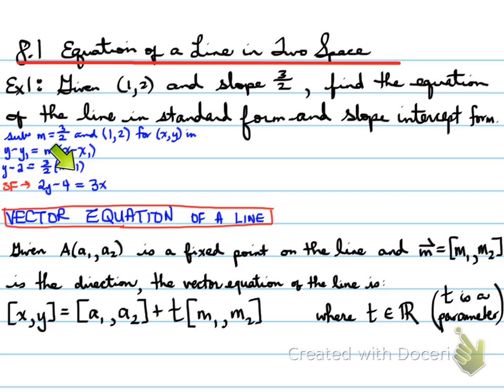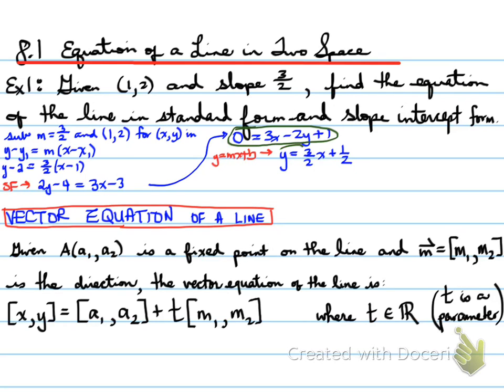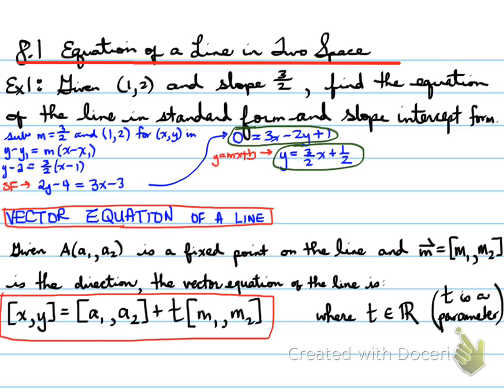To find standard form, we multiply everything out by 2 and expand. In y equals mx plus b, folks, we have y equals 3/2 x plus a half. Where did we get that? We isolated for y. Now what we're going to learn to do is make the equation look something like this, so we're going to be able to convert all lines to the vector equation of a line.